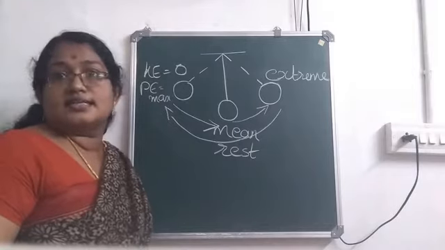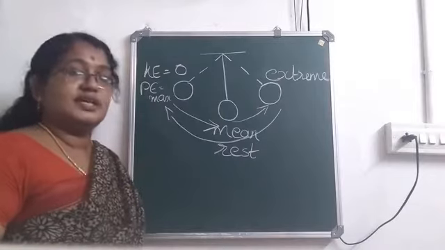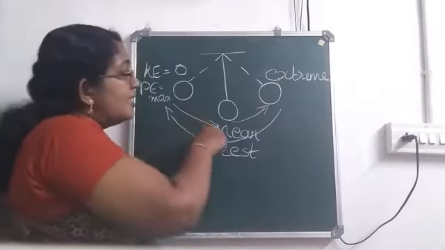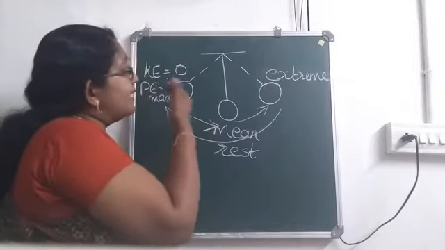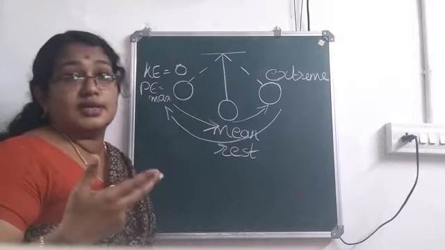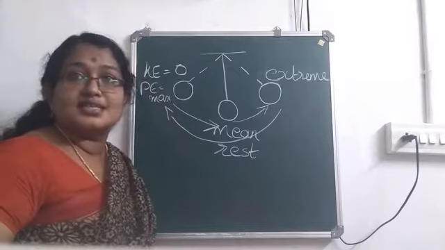Height is decreasing, isn't it? So when height decreases, what happens to potential energy? Potential energy also decreases, and by that time what happens to the kinetic energy? Kinetic energy increases. If a body is coming from a height, kinetic energy increases, isn't it?